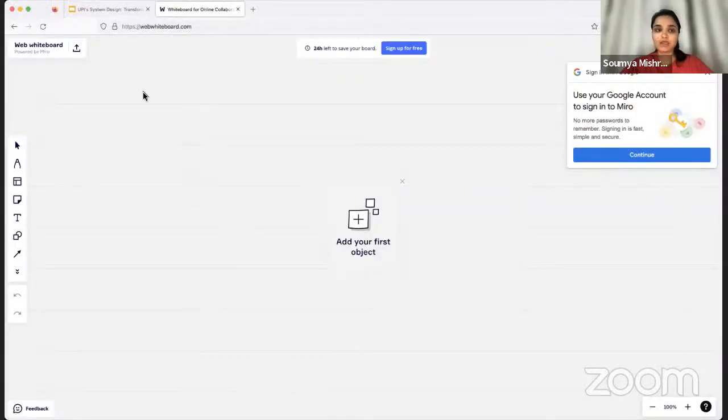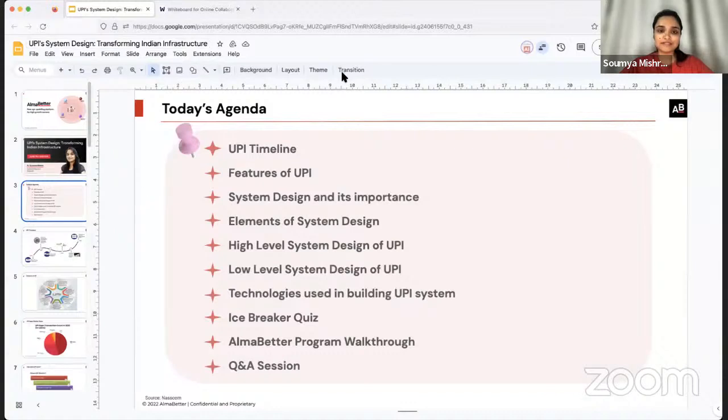Keep the answers coming, folks. All right, so let's get started now. Okay, I have got an understanding of your level of system design, so we will try to start from there.